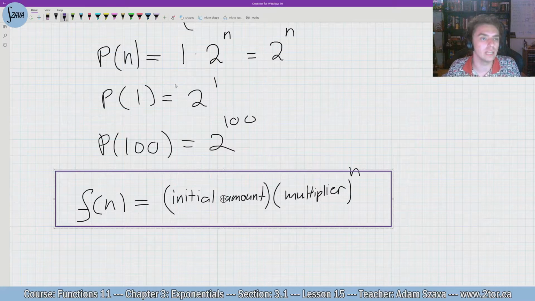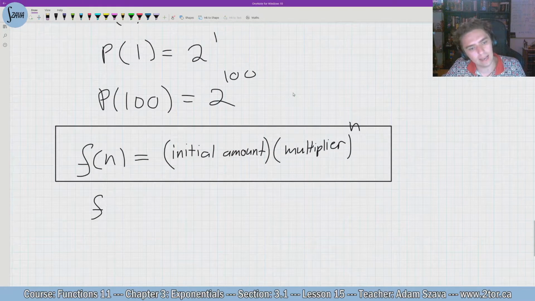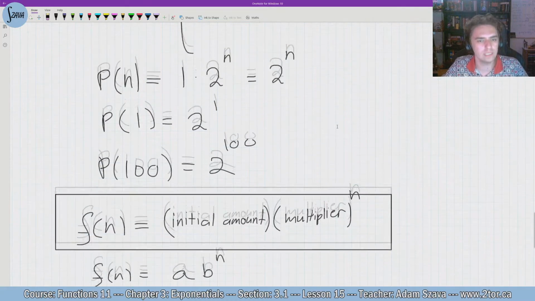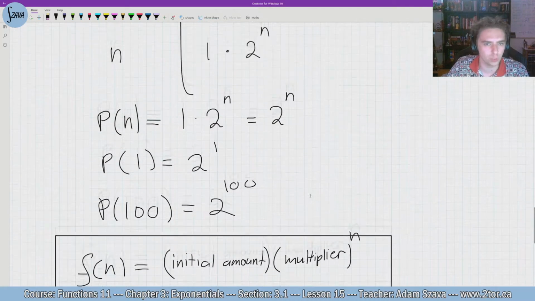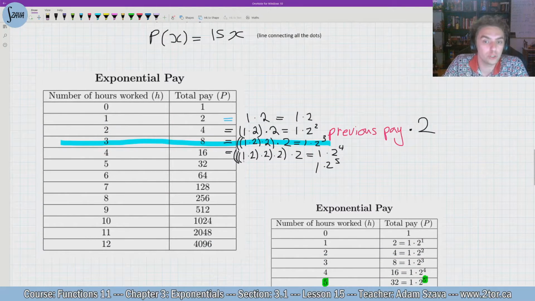Maybe later on we'll replace n with x so it can take in any number, but for now we are looking just at this. And this is usually written as f of n equals a b to the n. a is our initial amount, b is our multiplier. I hope you can see why exponential functions will always be in this form, because exponential growth just works that way.